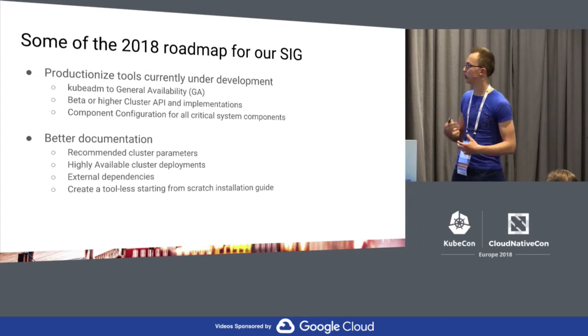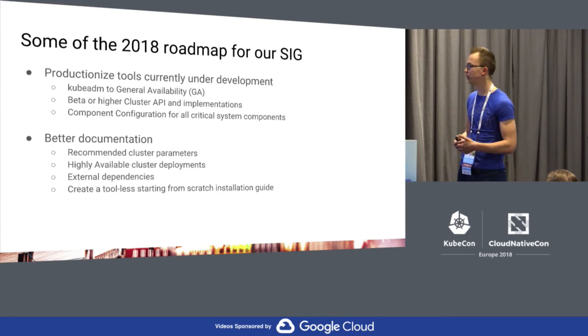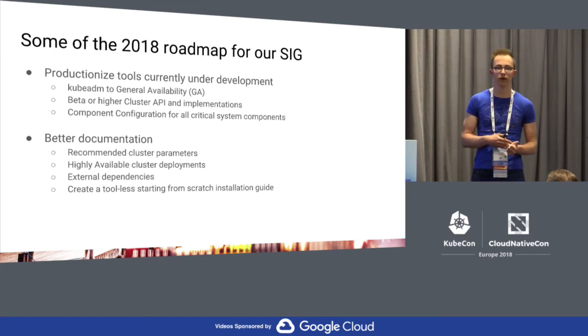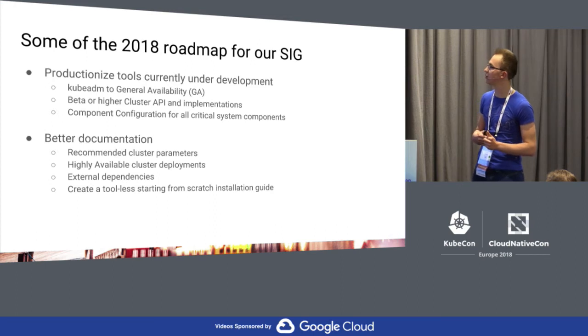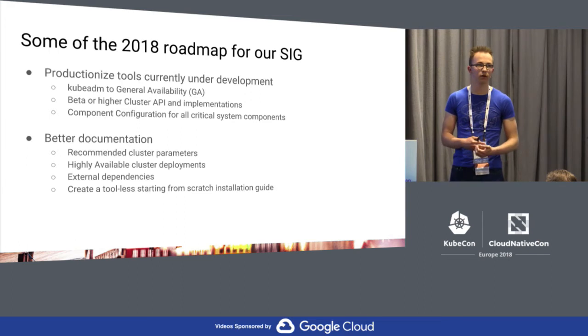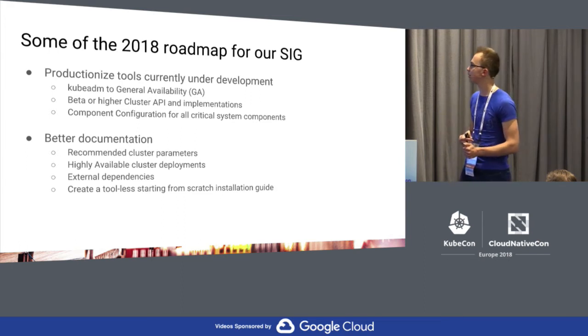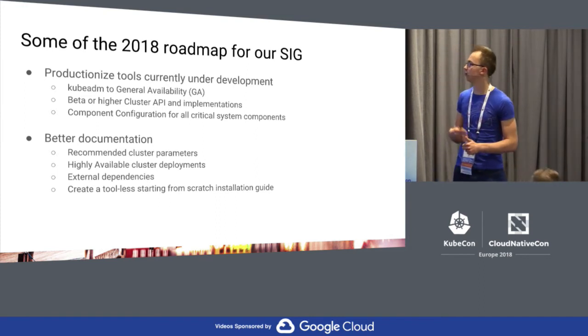And then the cluster API spec itself would be nice to have in beta shape, probably later this year. And component configuration, as I talked about, together with the rest of the community. SIG Cluster Lifecycle also deals with documentation, like everyone else. For example, things we still want to improve are our recommended cluster parameters.